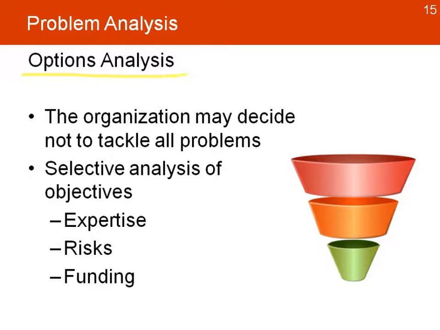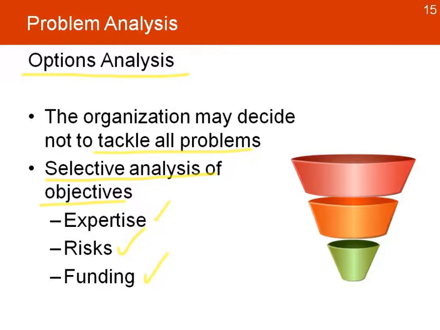Options analysis is the final process in which the organization might decide not to tackle all the problems that are listed. It is a selective analysis of the objectives based on the expertise of the organization, the amount of risk, and the amount of funding.